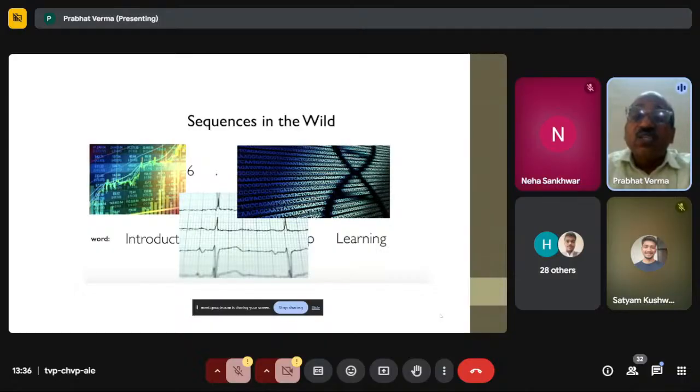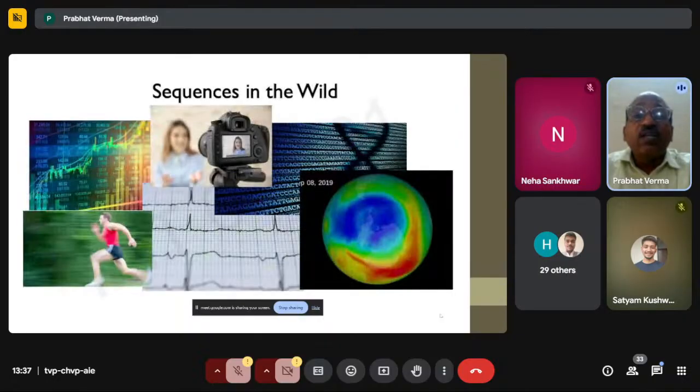There is a sequence of characters, and that sequence is important to understand the features of a particular genome. Similarly, ECG signals. There also the sequence is important. So these are all time dependent signals, and we have to model these.